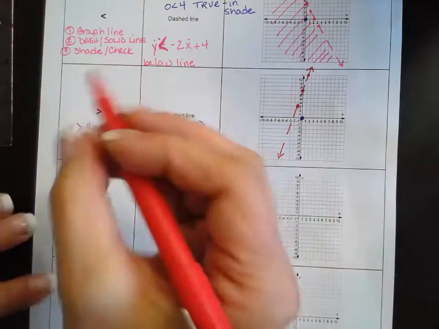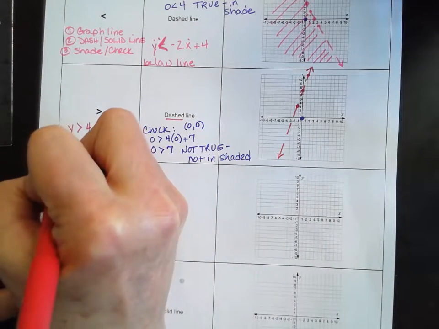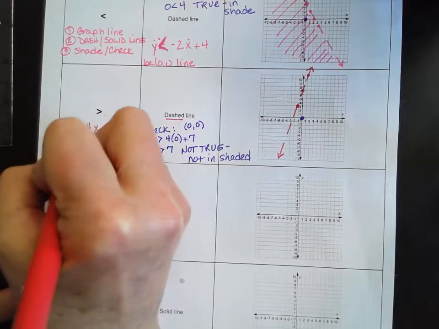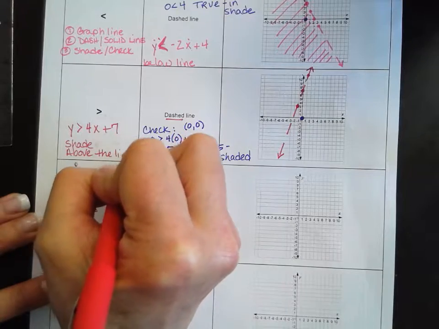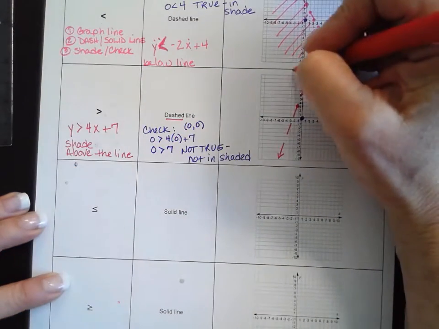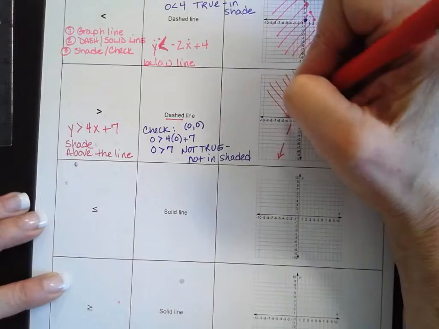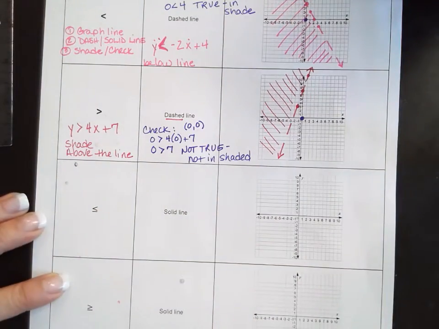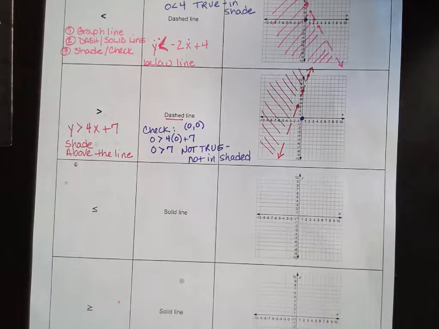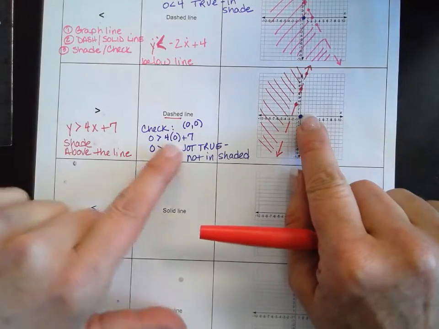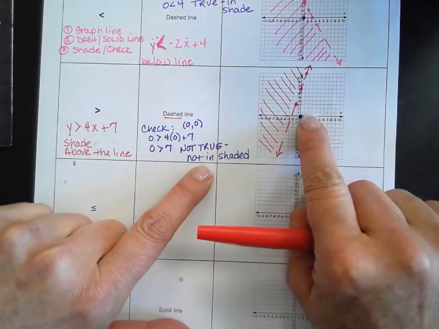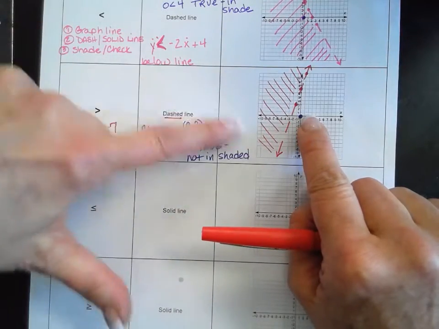So it goes back to the point that if it's greater than, shade above. Wait, which side would be above? Left. Above would be left. And that actually brings up a good point. If you're not sure which is above and below, do the point again. This was false, so it's not in the shaded area. So that means I'm going to shade everything on the other side of the line.